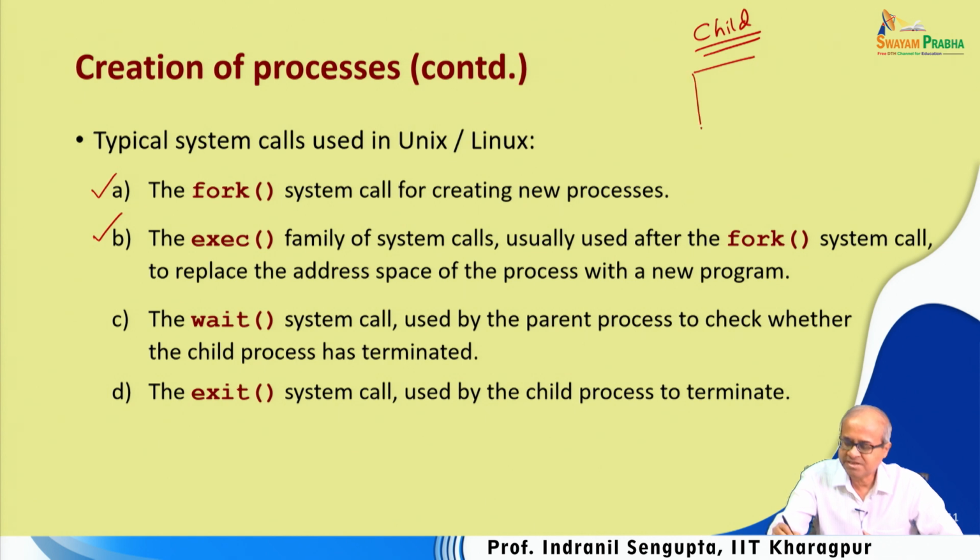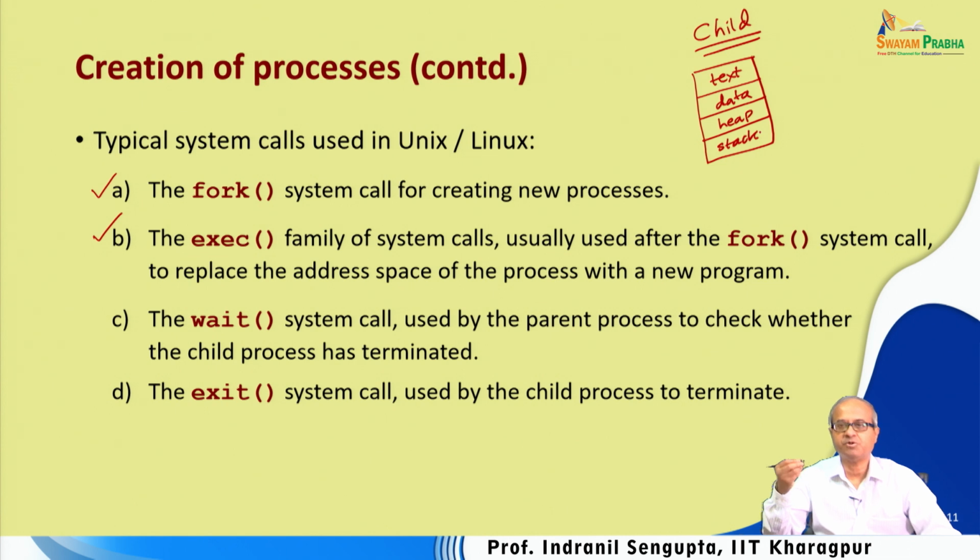So, in the child process, as I said, there are 4 regions. One is the code region, text, data, heap and stack. One thing I mentioned, whenever this process gets created, the code region is shared with the parent. Now, in that code region, if there is an instruction exec, using exec you can call a new program. When you call a new program, what happens?